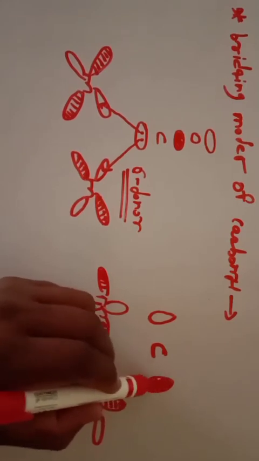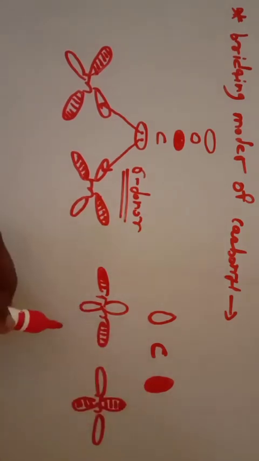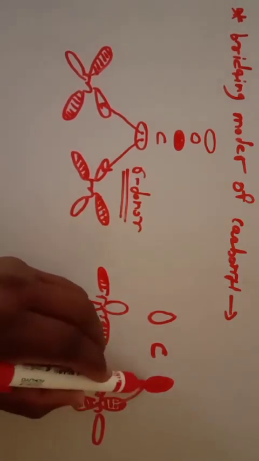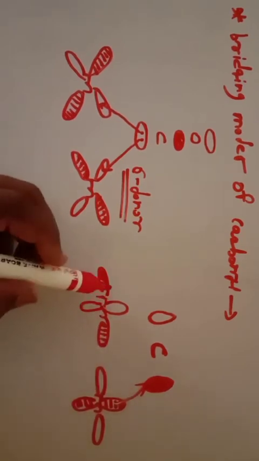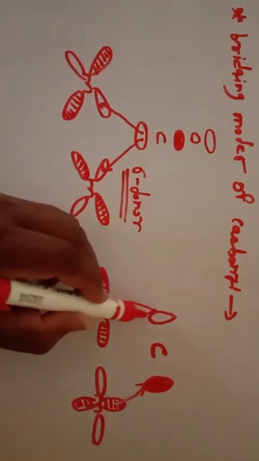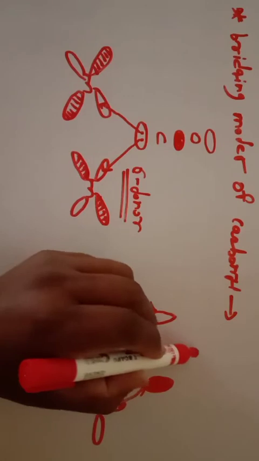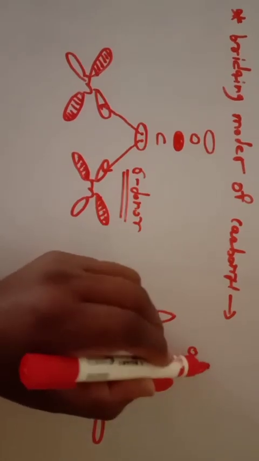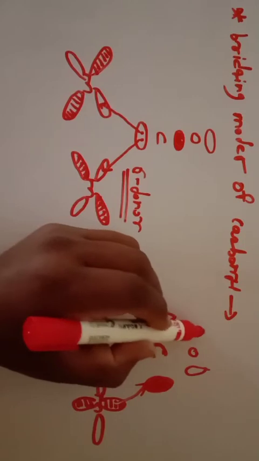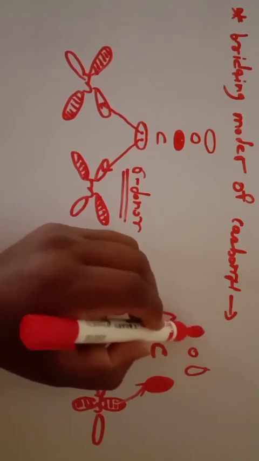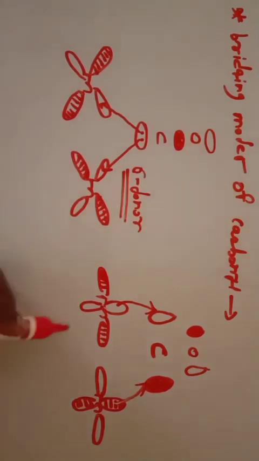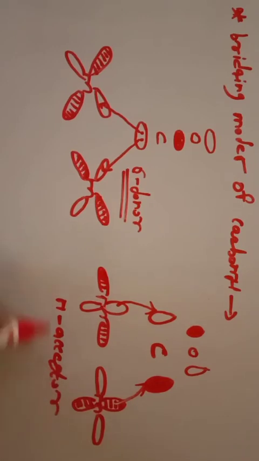The donation of electrons, which is called back bonding, is from the filled metal d orbital to the empty pi star orbital of this carbonyl. Oxygen also has its orbital. This is the pictorial representation, so this is your pi acceptor. First it acts as a sigma donor, and second it acts as a pi acceptor. So this is the bridging mode of carbonyl.